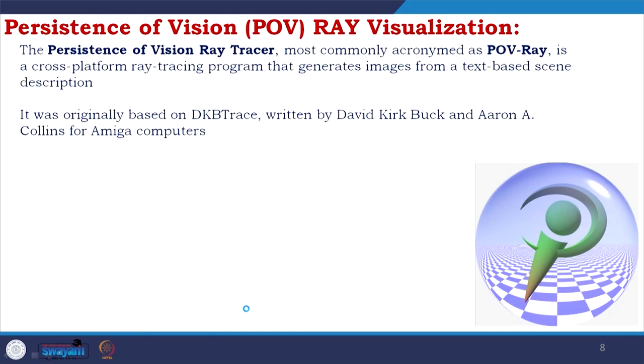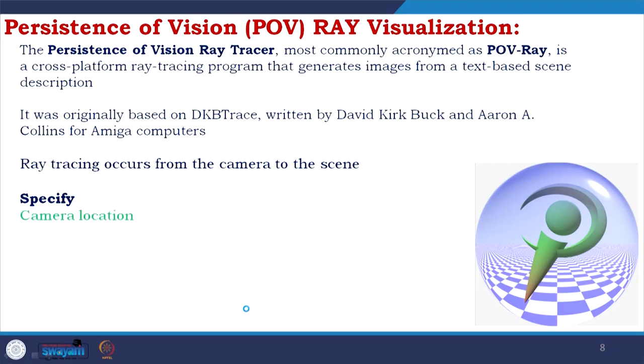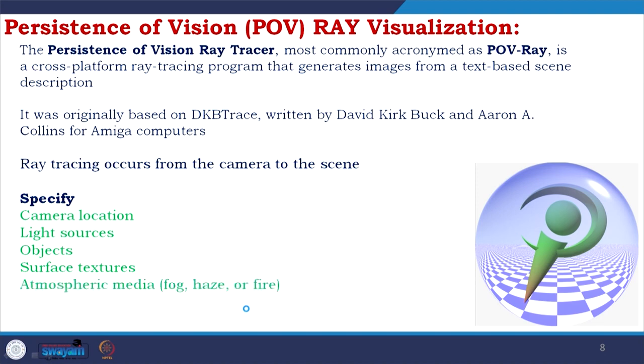It was originally based on DKBTrace, written by David Kirk Buck and Aaron A. Collins for Amiga computers. Ray tracing occurs from the camera to the scene, and the user has to specify the location of the camera, the source of the light, the objects on which you need the ray tracing and image formation, the surface textures, and atmospheric media like fog, haze or fire.